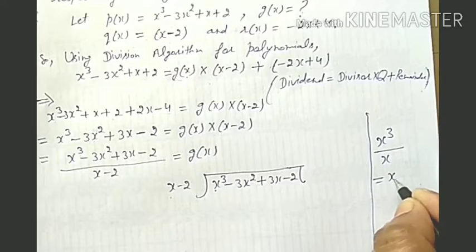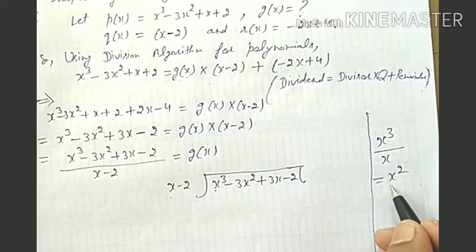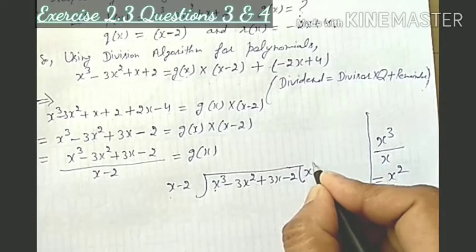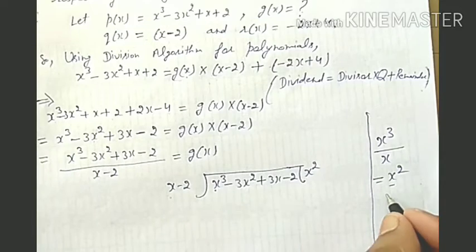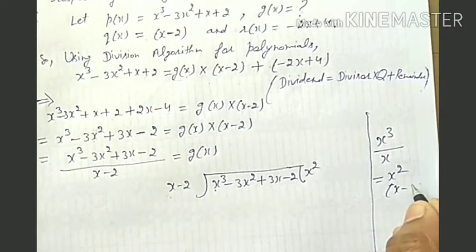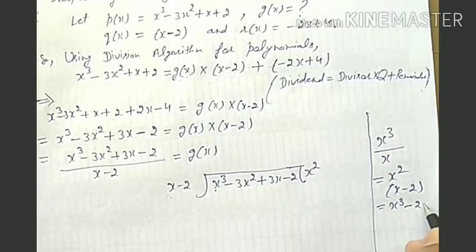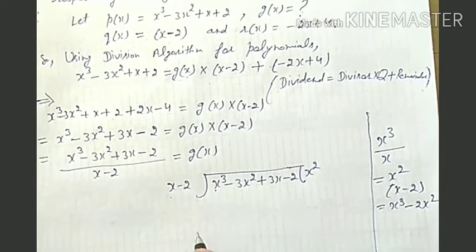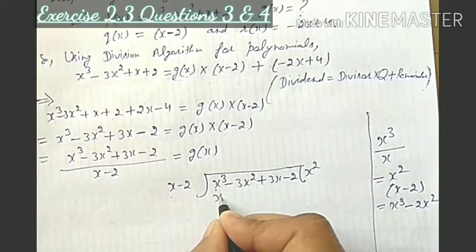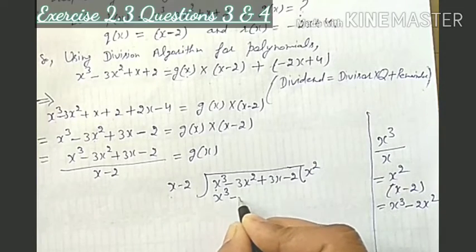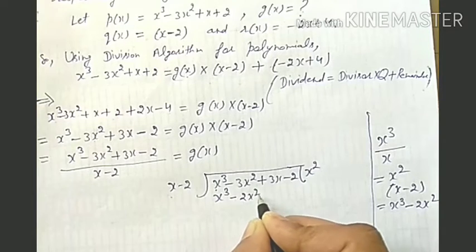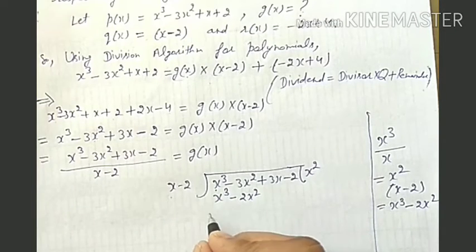So we got x square. Now we will multiply this x square to our divisor. x square multiply by x minus 2. x square multiply x, x cube minus 2x square. And we will write below the like terms. x square under the x square, x cube under x cube.